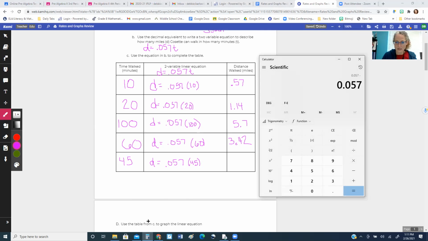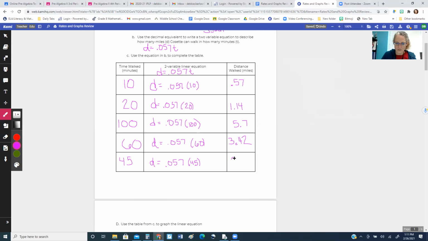I don't want to do it in my head, so I am choosing to not. 0.057 times 45 is 2.565. I'm going to round that to 2.57. 2.57 miles. So now I need to graph these.